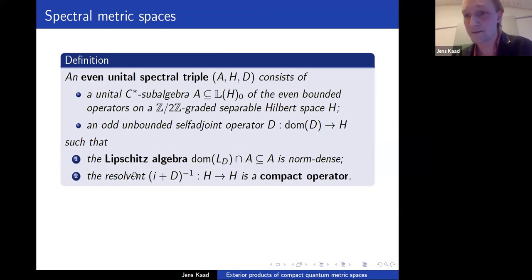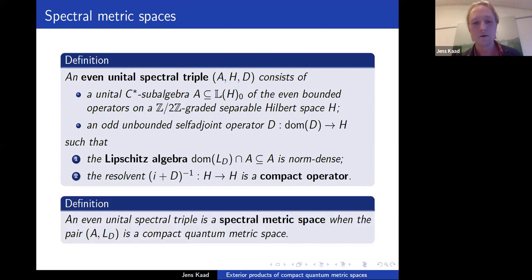It's norm dense inside A. And then the second condition is that the resolvent of D is compact.